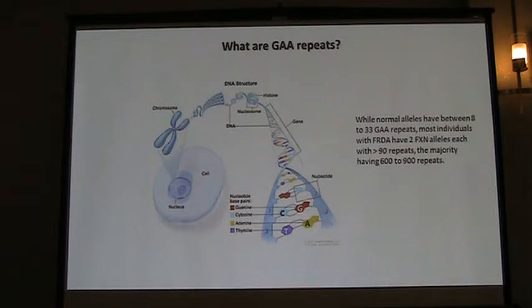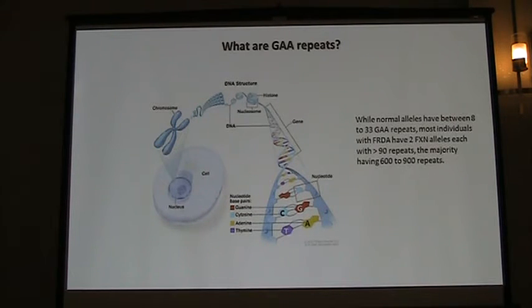These building blocks are named by their initials: A, C, G, and T. So what are the GAA repeats? They are just GAA, these three building blocks repeated over and over again.